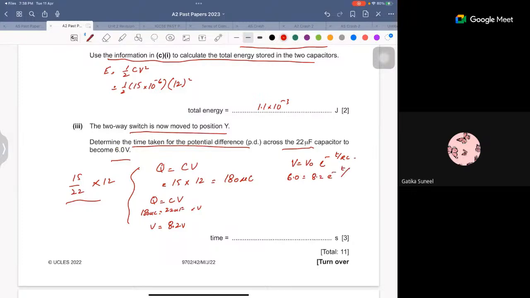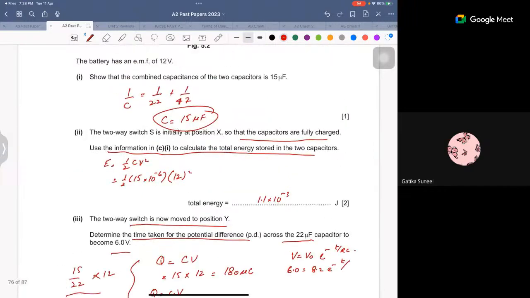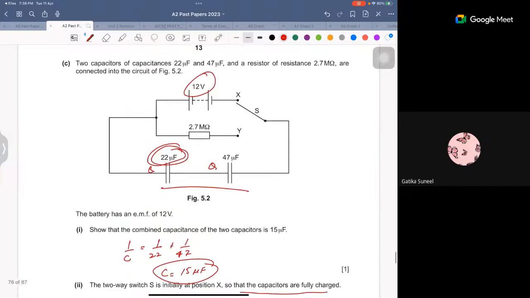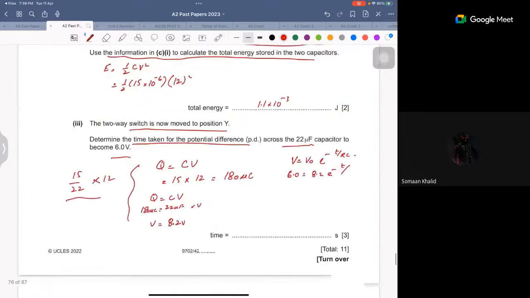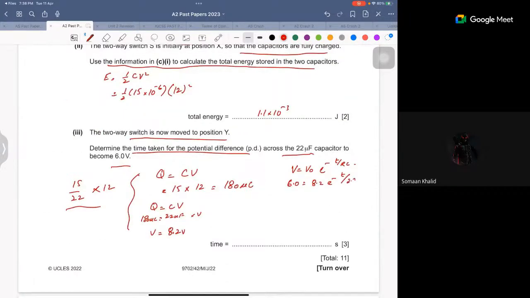The resistance. We don't have the resistance. Do we have the resistance? We do, sir. It's 2.7. Oh, 2.7 mega. Okay, so 2.7 times 10 raised to 6, and the capacitance is 22 times 10 raised to minus 6.